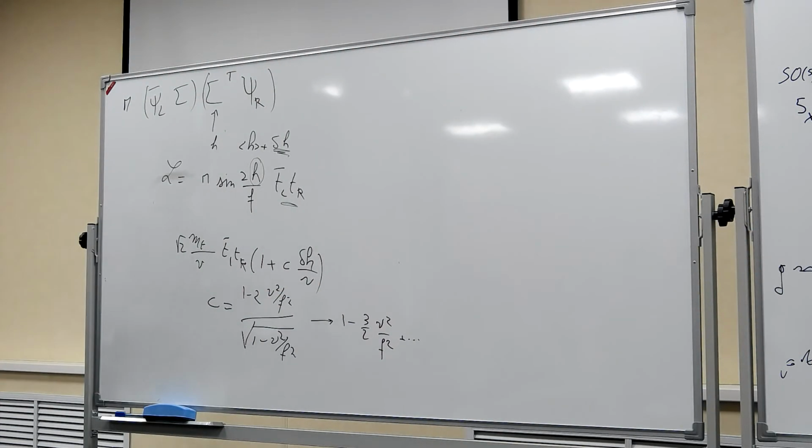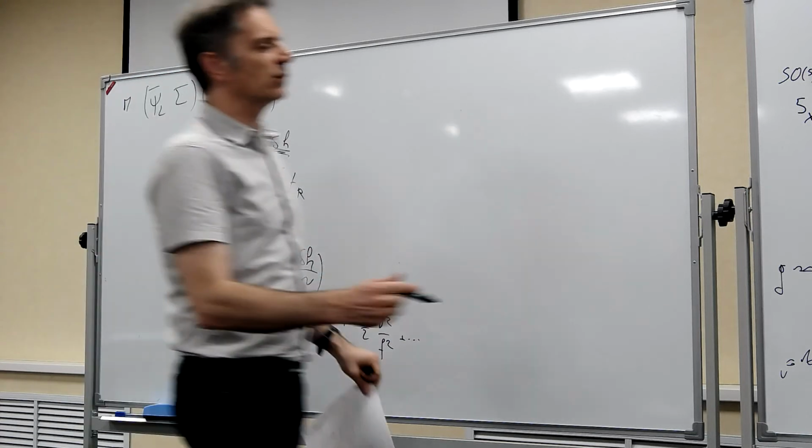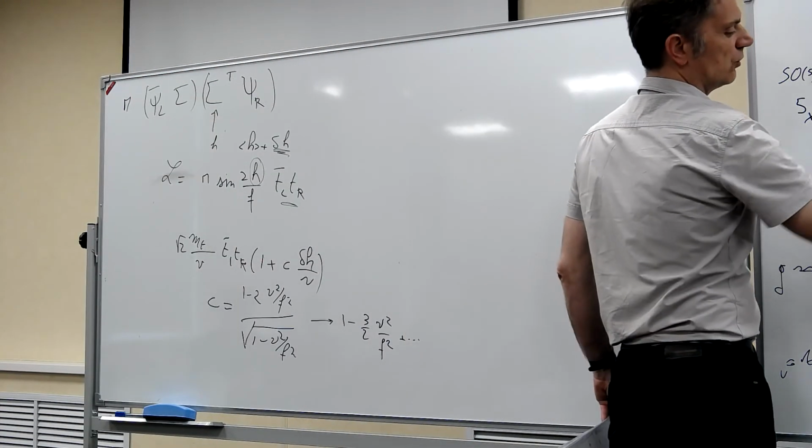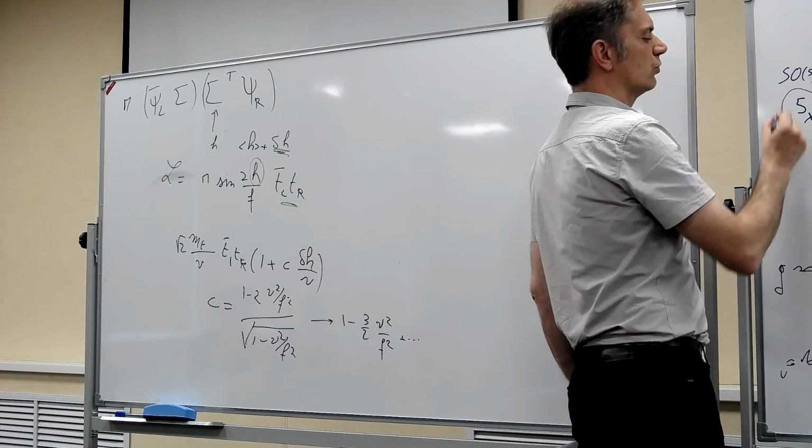You should say, as you have said many times, that you work at the level of Lie algebras, and at the level of Lie algebras there is no problem. Then you say that you complexify the Lie algebra of SO5. Yes.